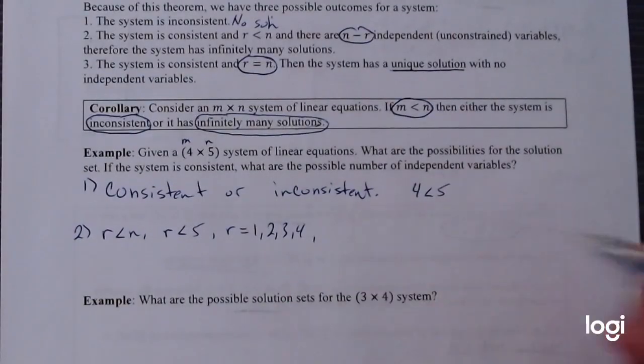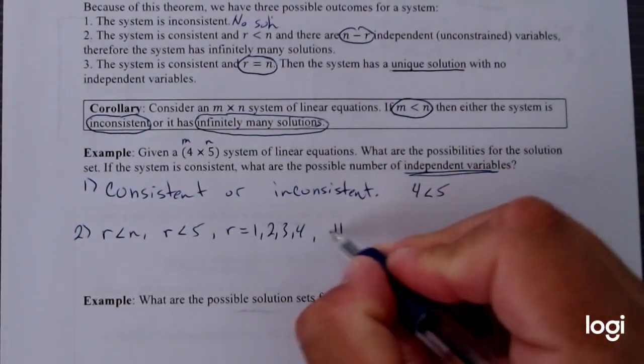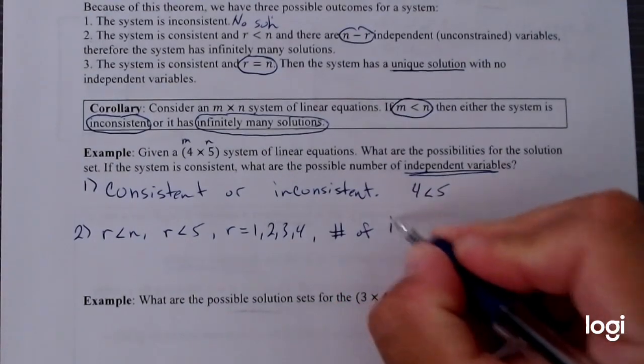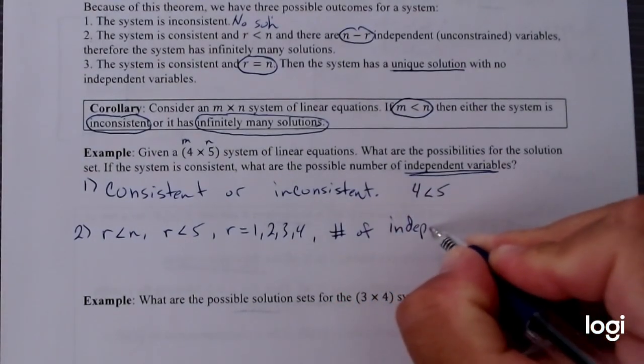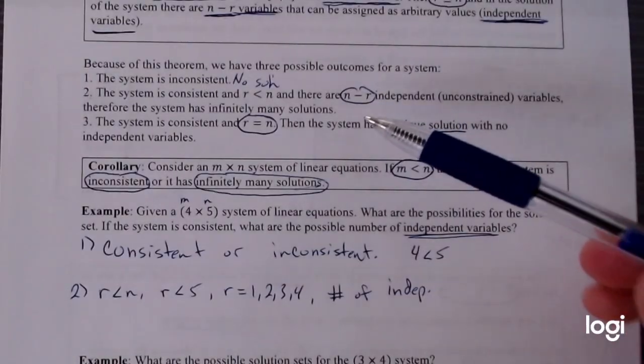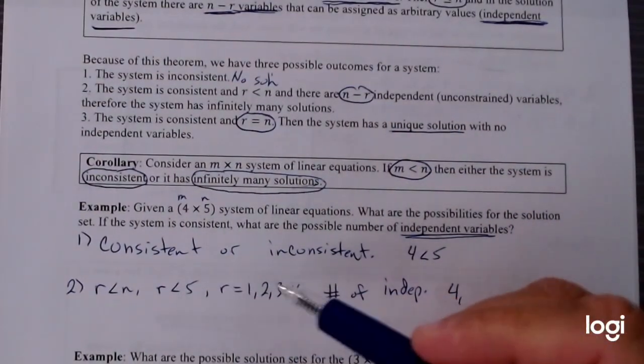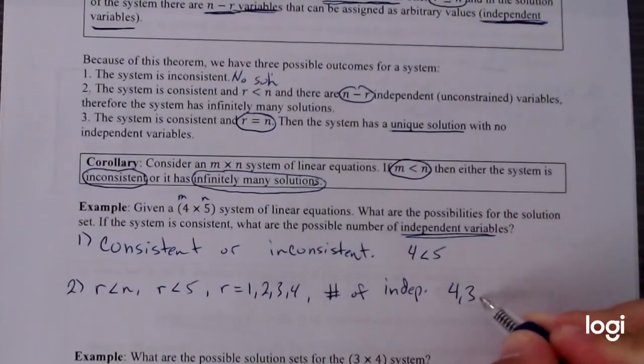Okay, so if we're talking about independent variables, the number of independent variables follows this pattern. So we can have 5 minus 1, which is 4. We can have 5 minus 2, which is 3. 5 minus 3, which is 2. And then finally 5 minus 4, which is 1.